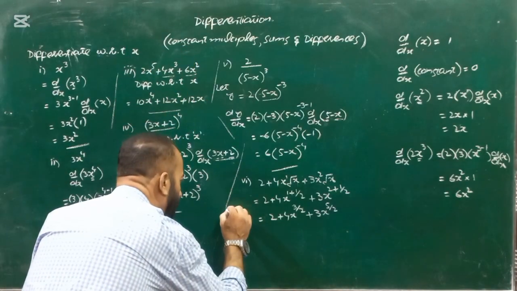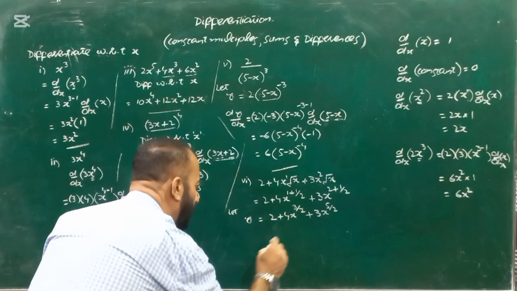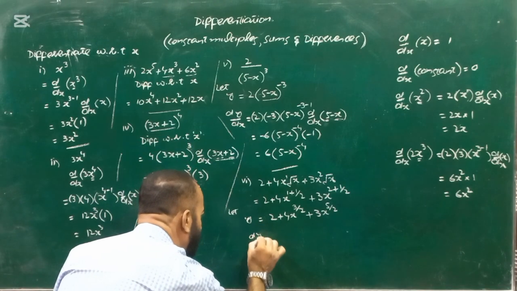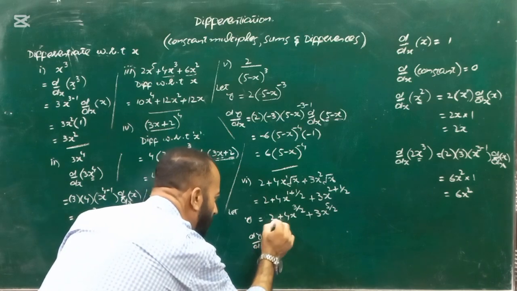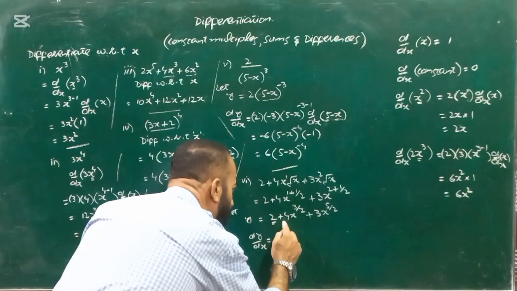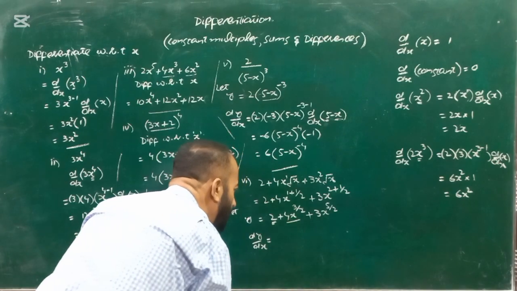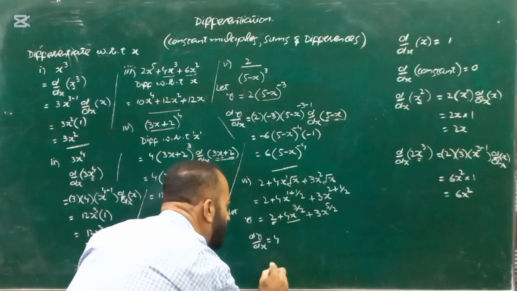So let y at this step be equal to this one. So now dy by dx will be equal to, the differential of a constant value is 0. So 0 is finished. Now this factor is going to be differentiated. This 4 will remain as it is.